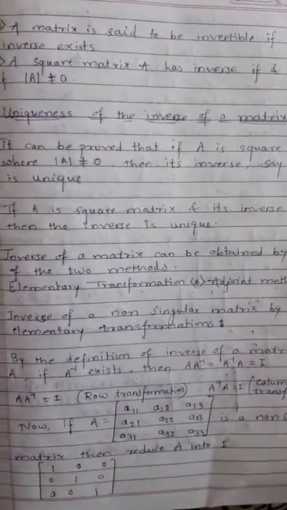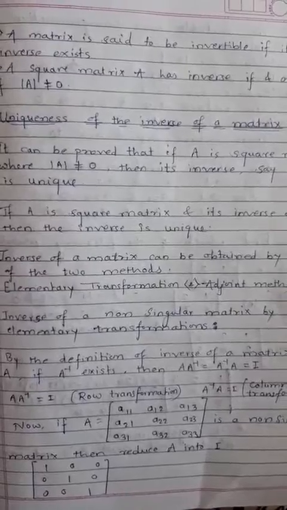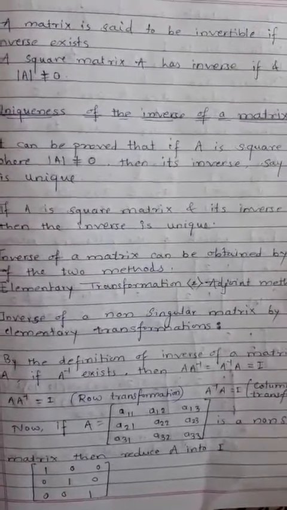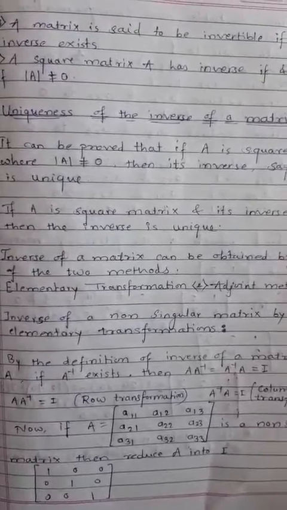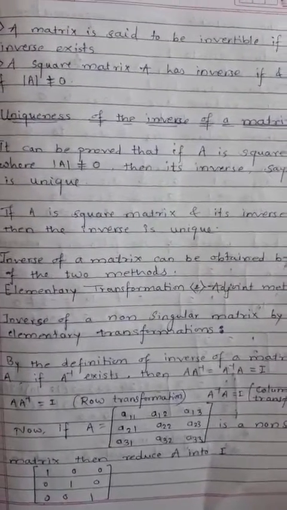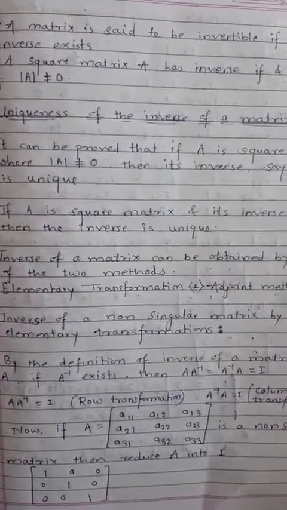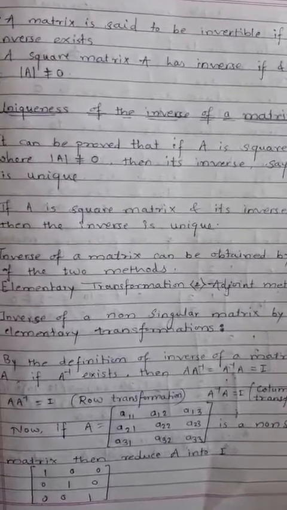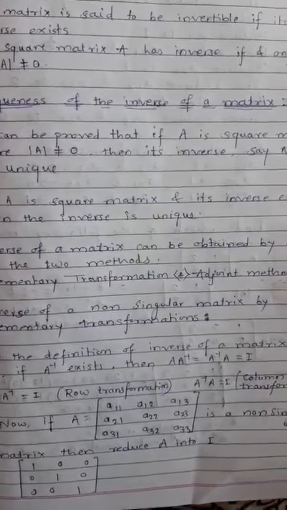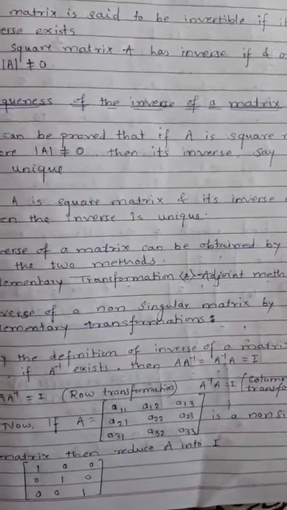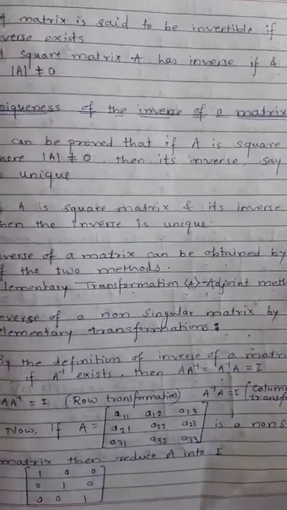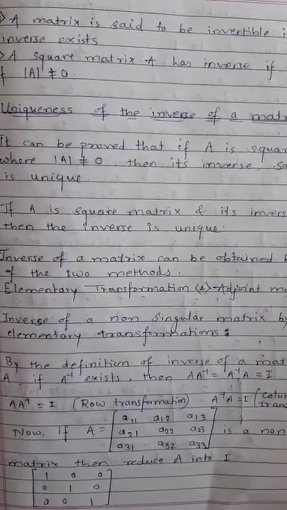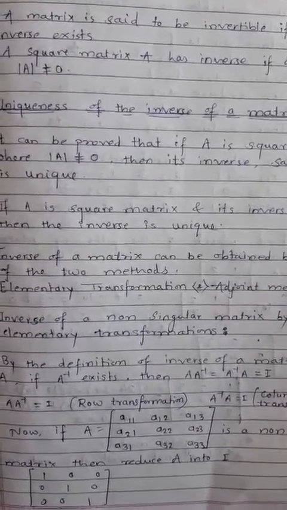So students, we know that in elementary transformations there are two kinds: first is row transformation, second is column transformation. In row transformation there is a different method, and while solving column transformations there is a different method, but most preferably we are going to solve problems by row transformation only.